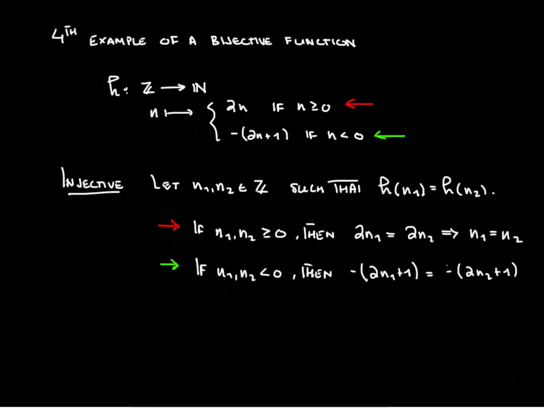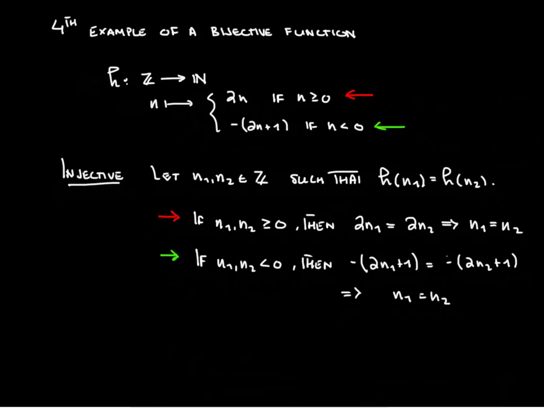They're, again, both equal by virtue of that same equality, and all that's left is some simple high school algebra. We multiply both sides by minus 1, we subtract both sides by 1, and then multiply both sides by 1 over 2, and this will give us, again, what we wanted. n1 is equal to n2. Now that's it. With this, we've proven that h is injective.